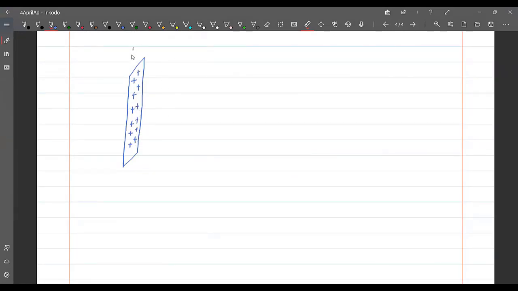This is an infinite plane sheet with a surface charge density, let us call it sigma 1. So it will have an electric field. Let us say at this point, if you want to find the electric field, it will be sigma 1 by 2 epsilon naught. And at this point also, it will be away from the surface. Its value will be sigma 1 by 2 epsilon naught.